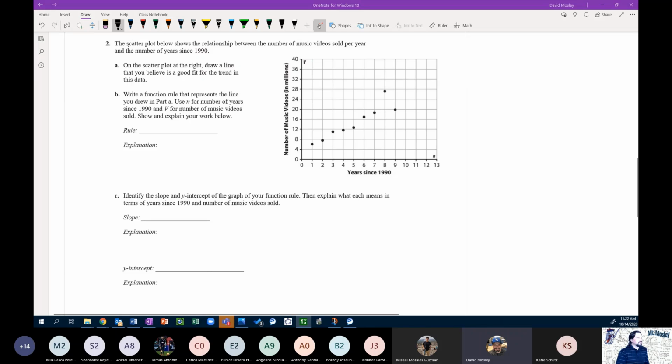So we have this new kind of term here, scatter plot.